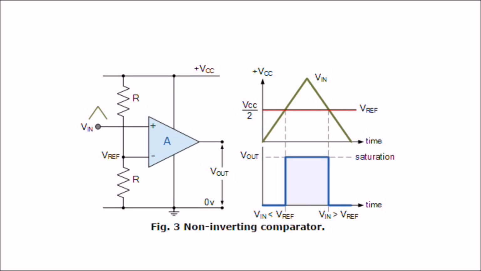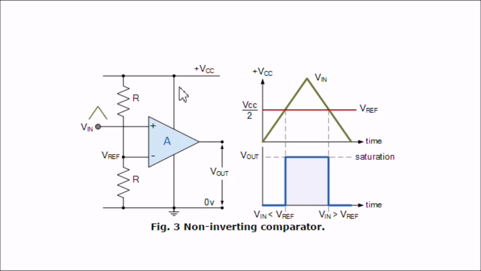Let's look a little closer to the electronic side of the comparator circuits that you saw in the video, part of this presentation. Here we have an op-amp A. You notice it has a plus input and a minus input. Here we have a voltage divider that produces what we call V reference.